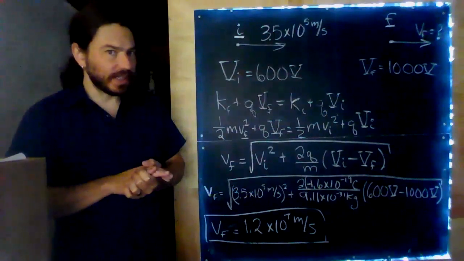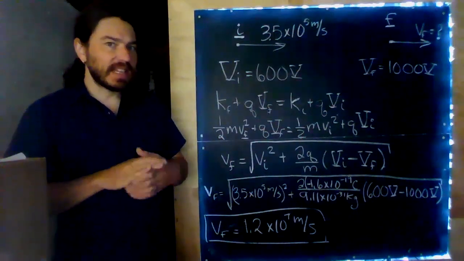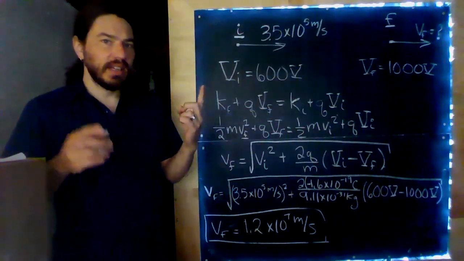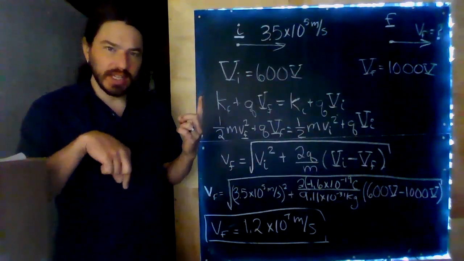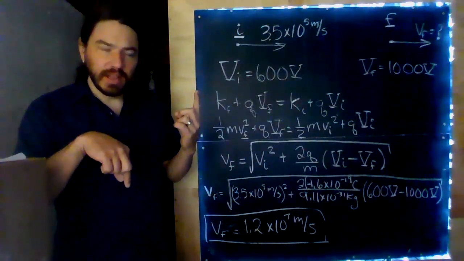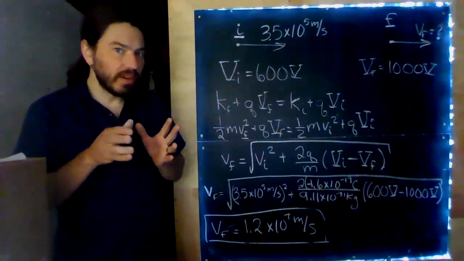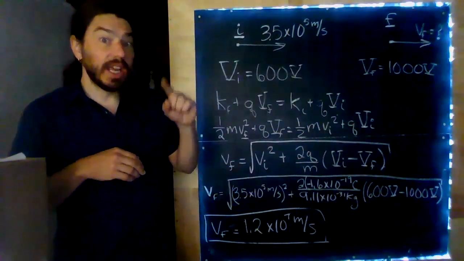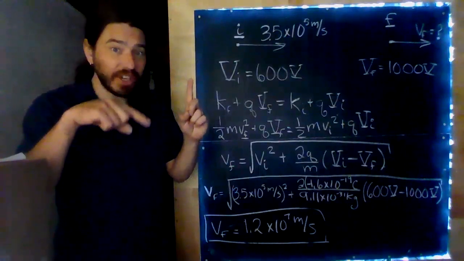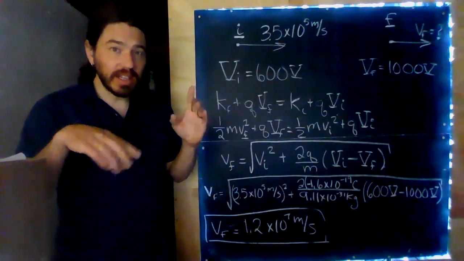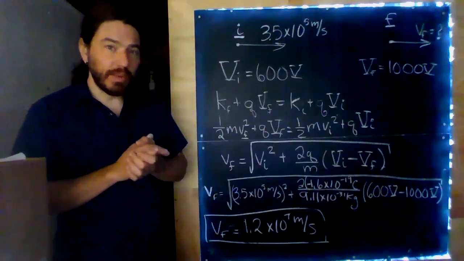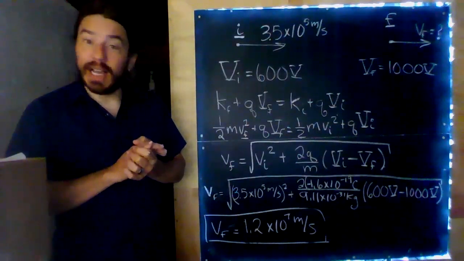So that's sort of interesting. If it sped up, its kinetic energy increased and its potential energy decreased. Whereas for the proton, it slowed down. So its potential energy increased and its kinetic energy decreased. Yet for both of them, they went from low potential to high.